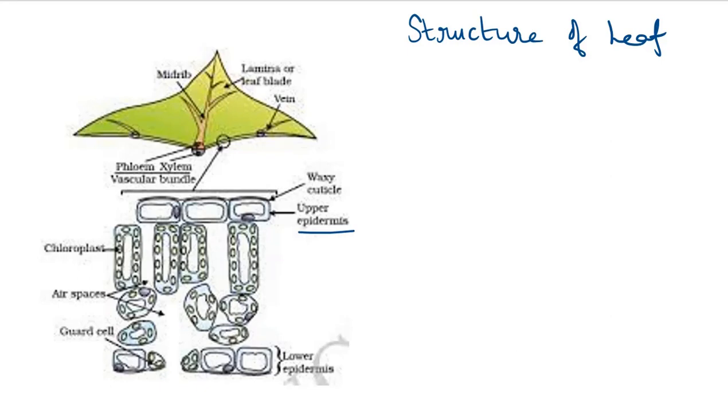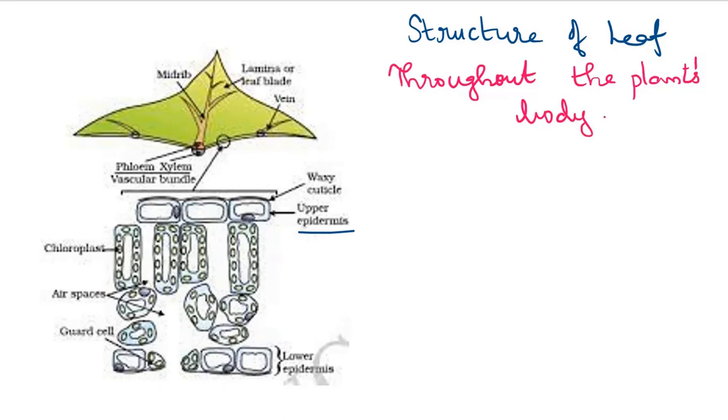We all know epidermal tissue, or the epidermis, is seen throughout the plant's body. Epidermis covers each and every part of the plant's body. So the leaf also has an upper epidermis.